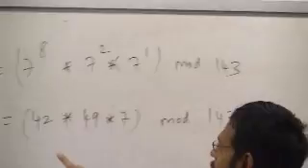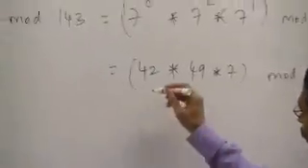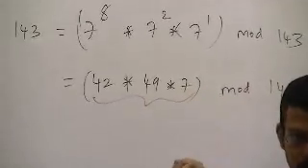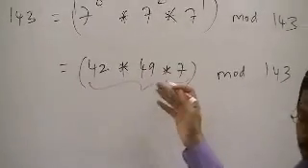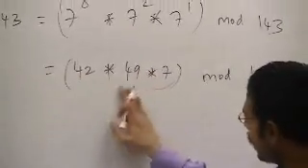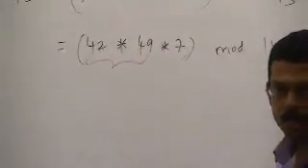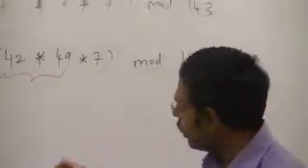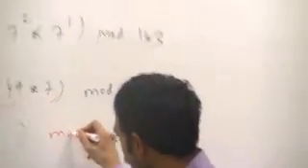So now, you don't need to multiply the whole thing and work with a larger integer. What you can do step by step, you're doing 2 multiplications anyway, but you can work with smaller integers by doing what? Find 42 times 49, and whatever it is, take mod 143.